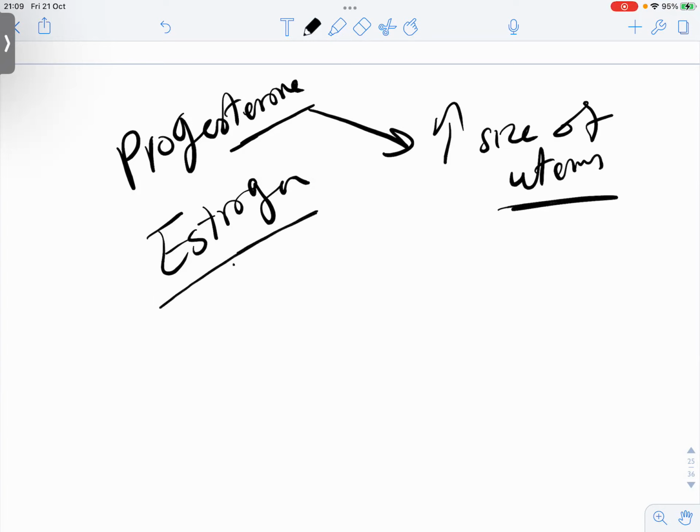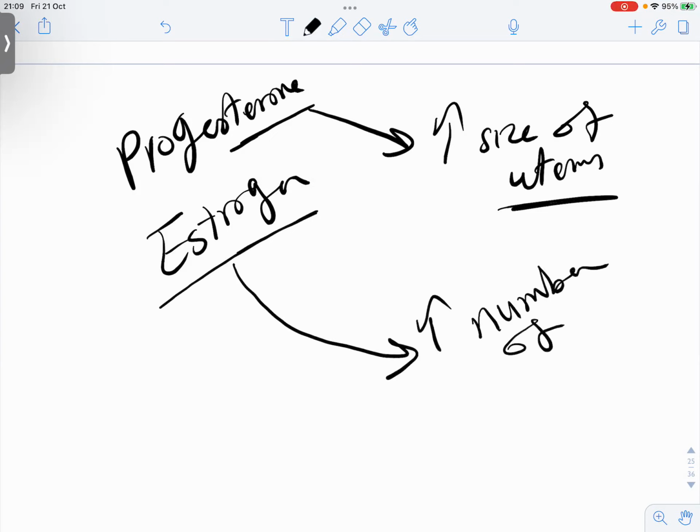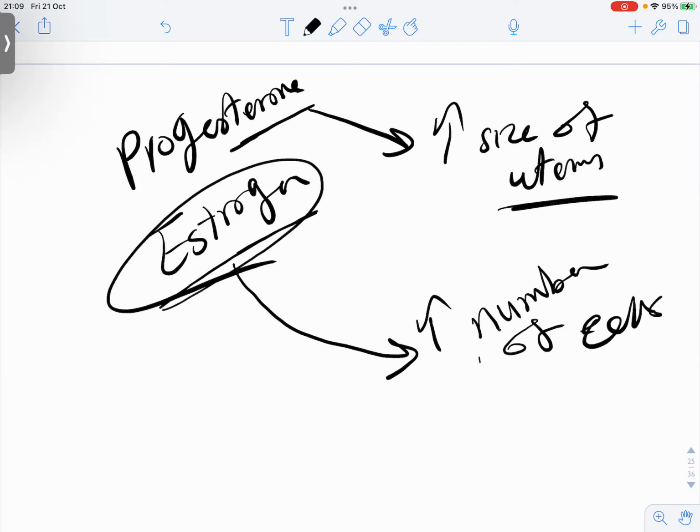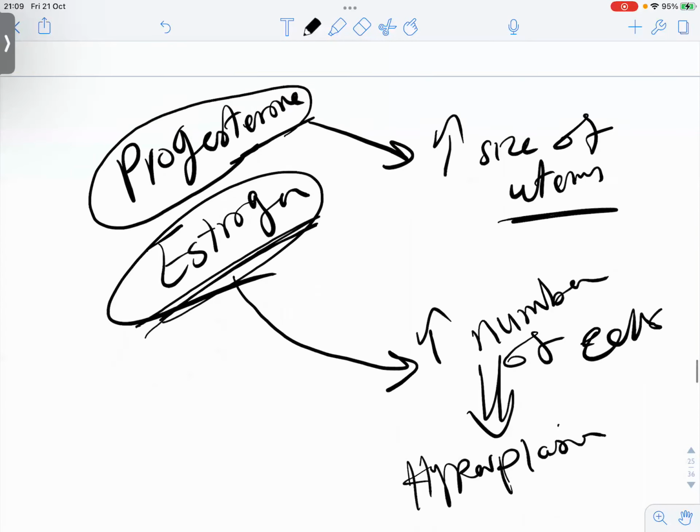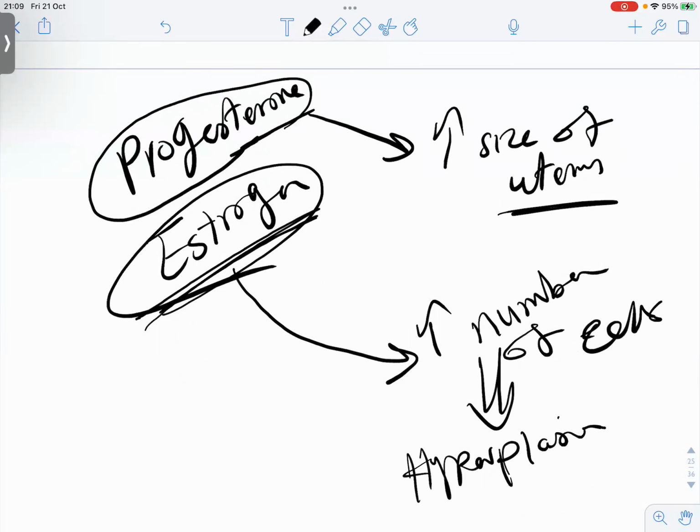And also estrogen increases the number of endometrium cells, so estrogen can cause hyperplasia. When we study pregnancy, we will talk about progesterone and estrogen. Progesterone increases the size of the cells and the size of glands, but estrogen will increase the number of glands and the number of cells.